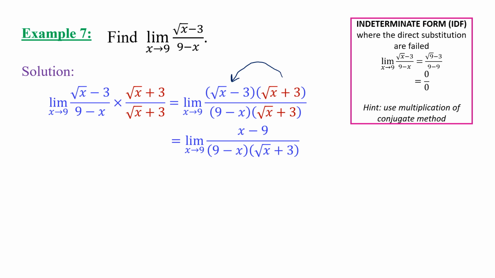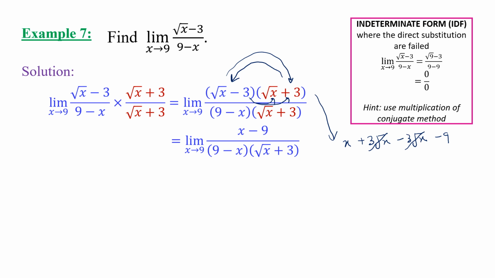So, after you multiply the numerator, we have x, plus 3 square root x, minus 3 square root x, and finally, minus 9. 3 square root x minus 3 square root x is 0.